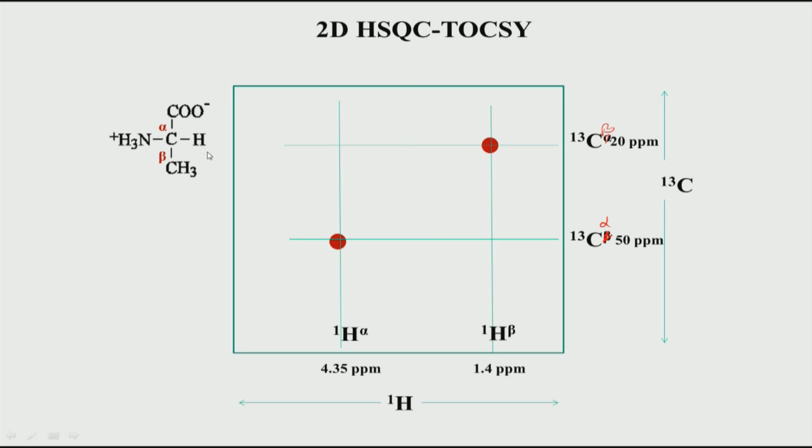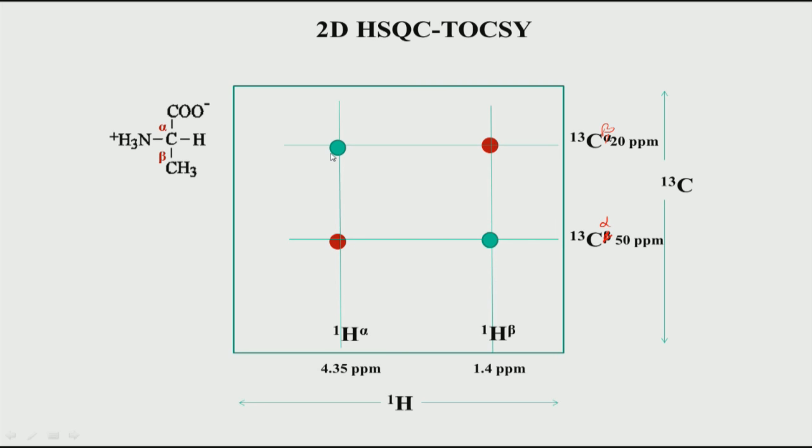What do you expect? You expect this proton and this proton to be coupled in a regular TOCSY. So, that is what we will see now, that these two peaks are the cross peaks corresponding to the TOCSY coupling. Now, if you see along this line straight, for a given carbon, that is beta, I am seeing the full proton connectivity, means all the protons in a spin system.